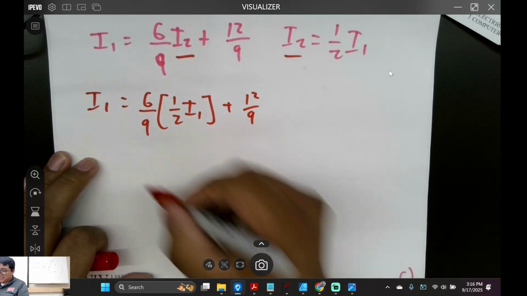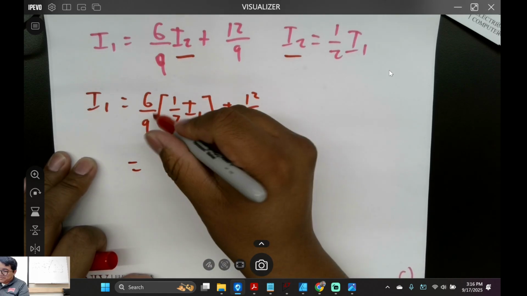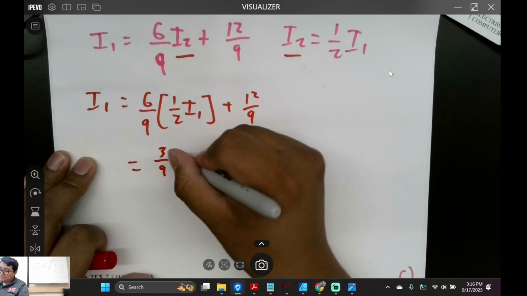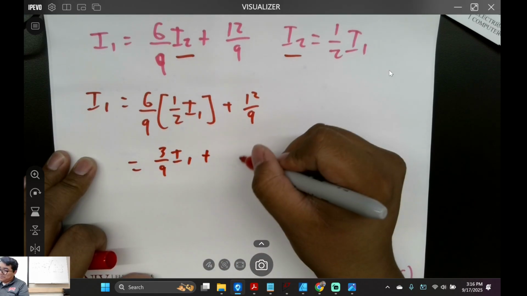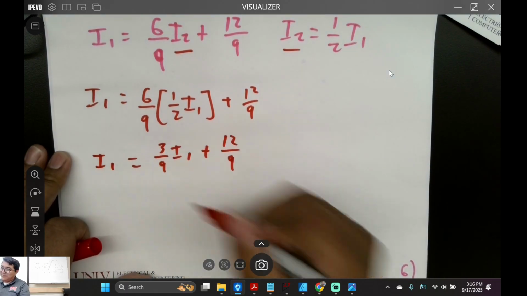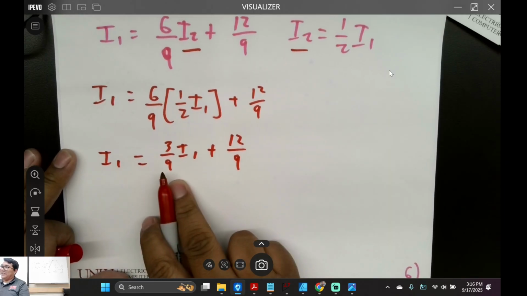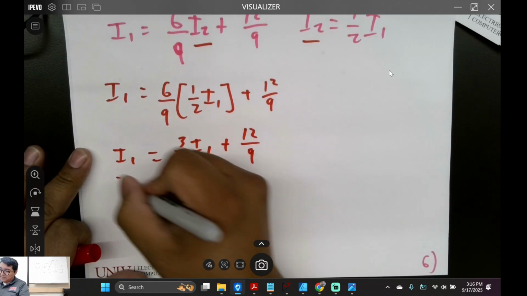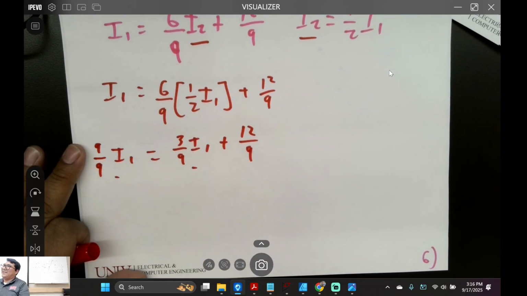Let's see. So if I were to do the following, this 6 divided by 2 is going to give us 3 over 9, right? Plus 12 over 9, right? I1. All I got to do is just put like terms together, this and this. This is technically 9 over 9, right?